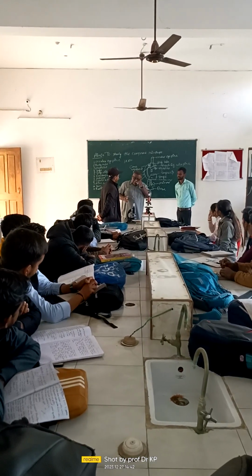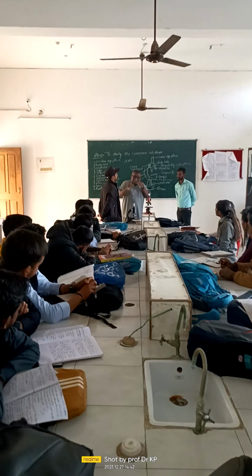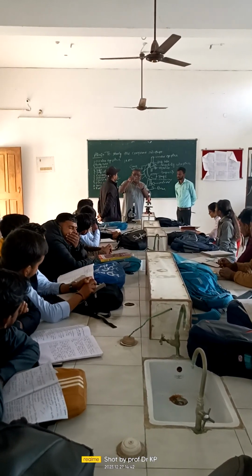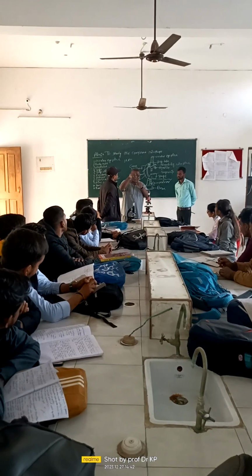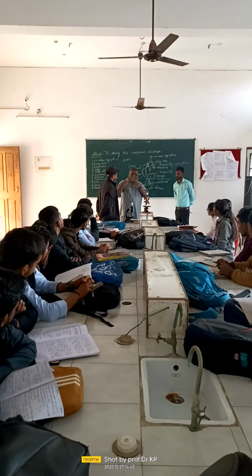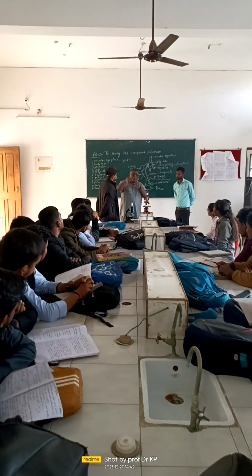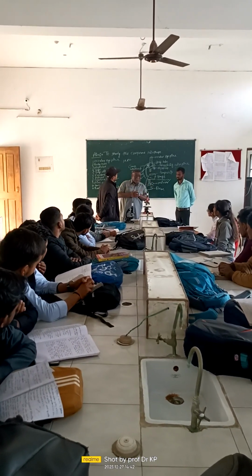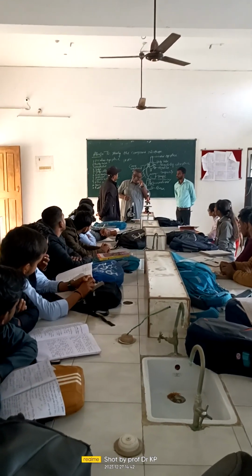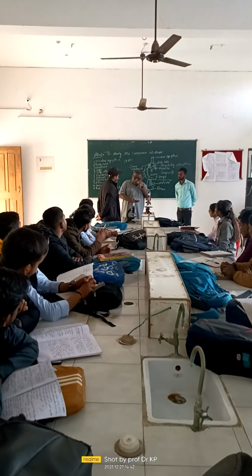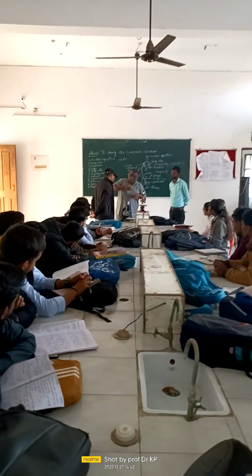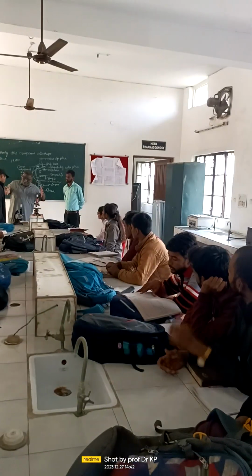If there is any indication on the lens of 10x, it means 10 times magnification. 5x, 5 times magnification. 6x, 6 times. 20x, 20 times. 15x, 15 times. 45x, 45 times magnification. Eyepieces have certain magnification, nose pieces or objectives have certain magnification. When you multiply both powers, you will get the total magnification.